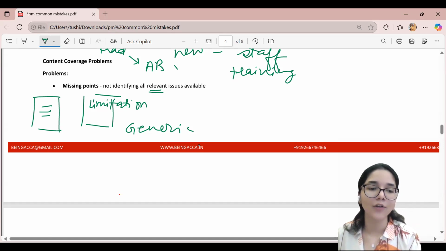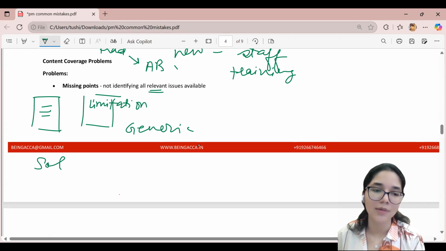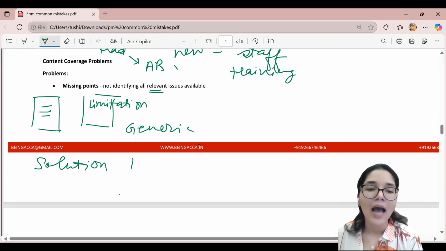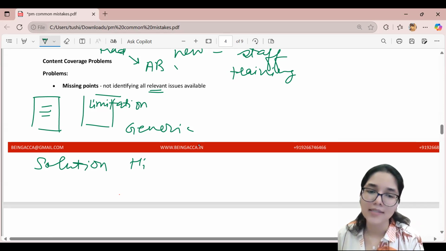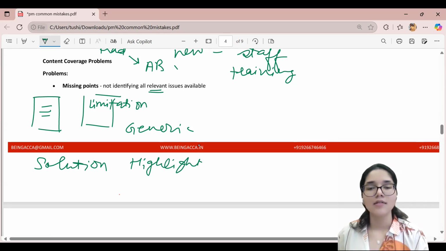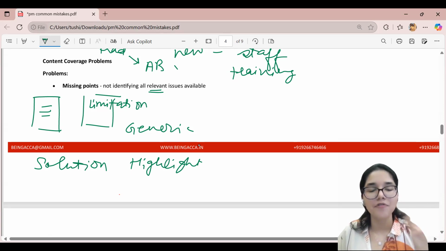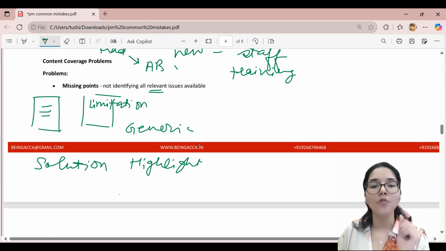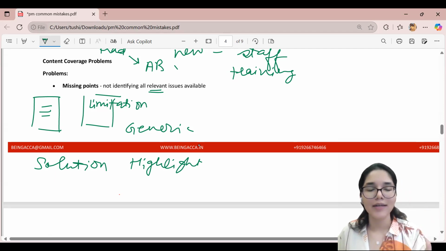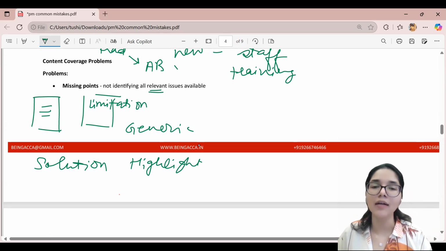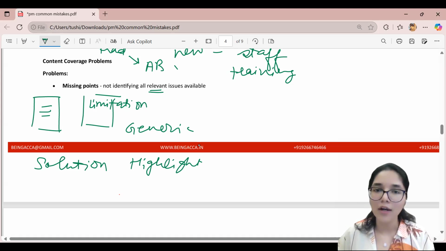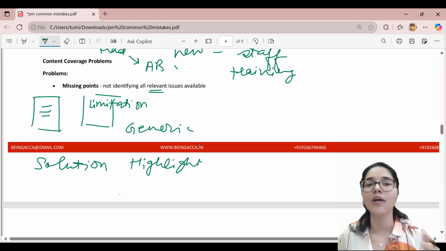When you read the scenario, one solution which comes to my mind right now is to highlight the important points. Whenever you're reading the question, the section C question can be a lengthy question. There can be multiple things which we, in the exam stress, may have a tendency to forget about. So, at the time of first reading only, make it a habit that you highlight any of the points which you think you might be able to use in your answer somewhere or which you might need to come back to.